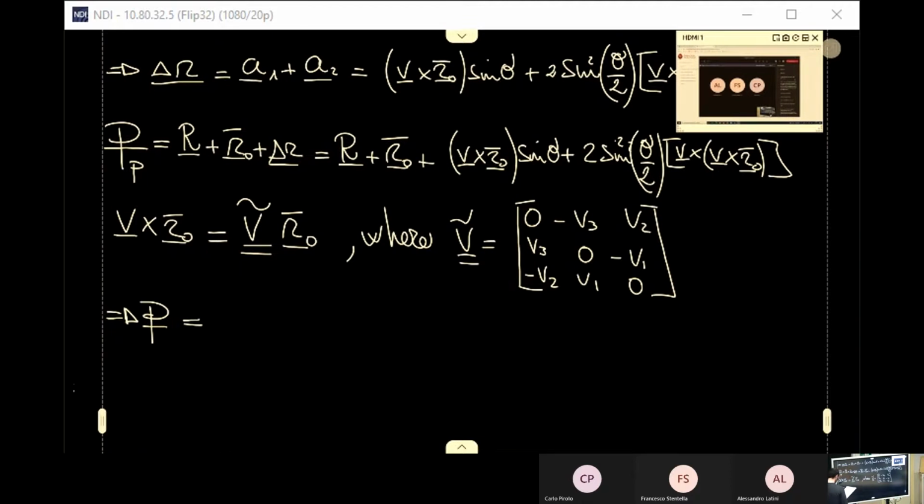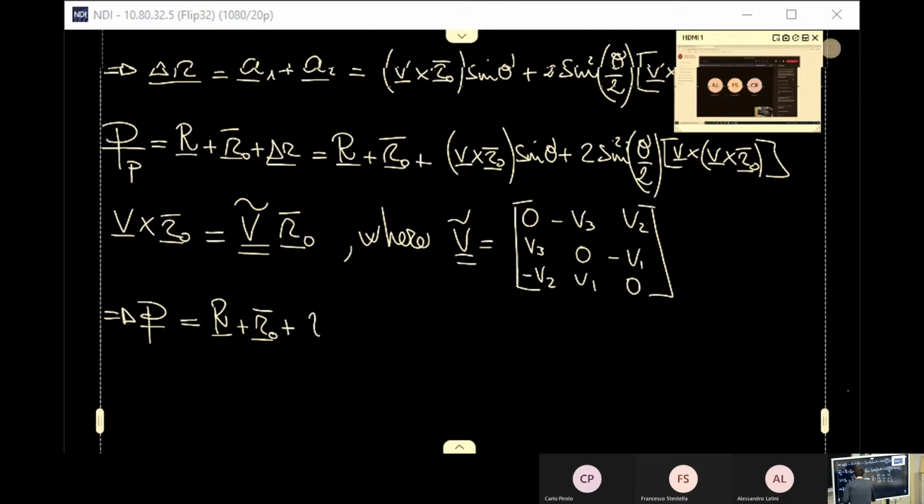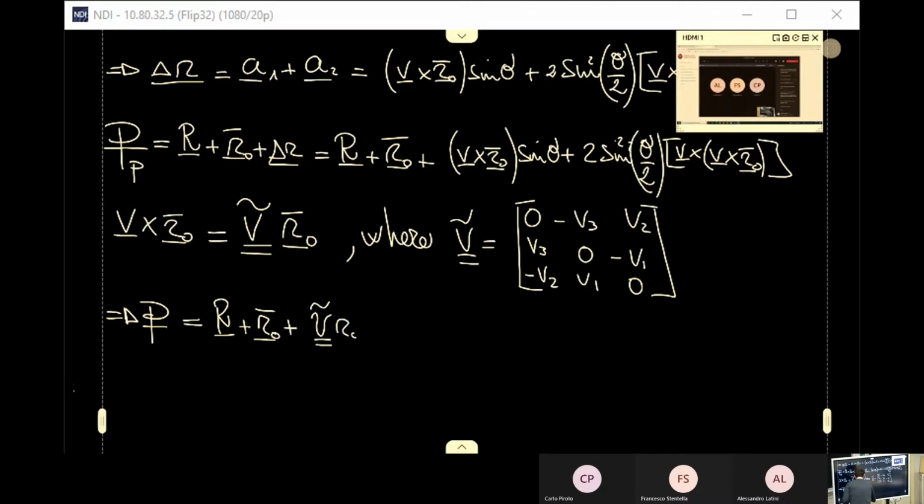So our position vector can be rewritten as R, capital R, plus R0 over bar, plus, as we said, the skew matrix V tilde applied over R0 over bar times the sine of theta, plus, well, how can we describe again this double vector product as a matrix applied over R0 and then another matrix V tilde applied over the matrix V tilde which is applied over R0.